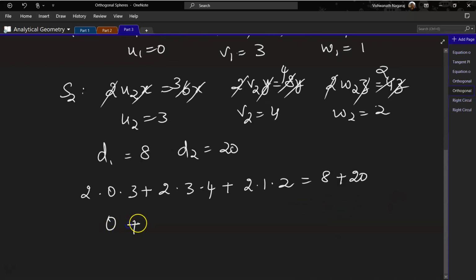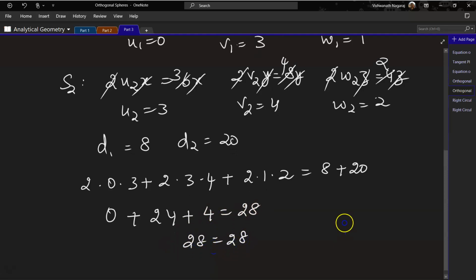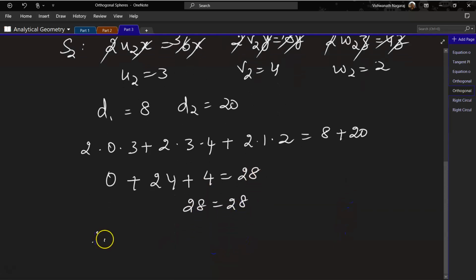So this becomes 0 plus 3 times 4 is 12... 6 times 4 is 24 plus 4 is equal to 28. And this is 28 equal to 28. Therefore, the spheres are orthogonal.